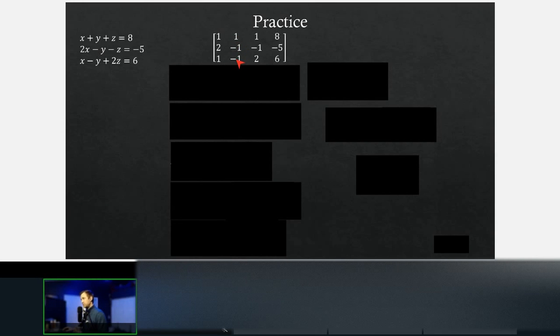And once we achieve those things, we then move on to the next diagonal, and we want to make this a 1, and then make everything above that a 0. So generally speaking, that's the order that you want to work these problems in. Sometimes we're unable to do exactly that.